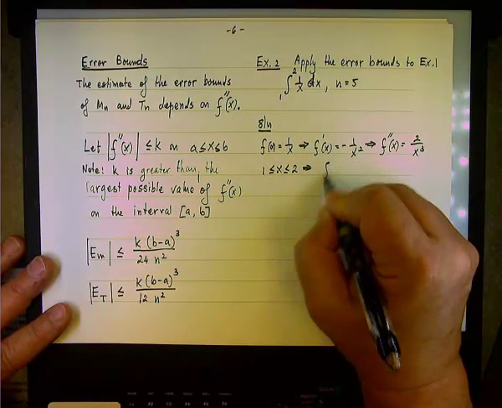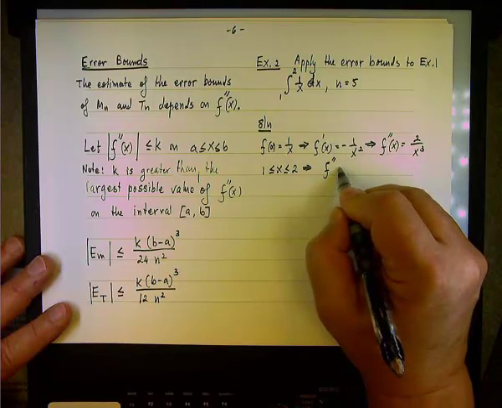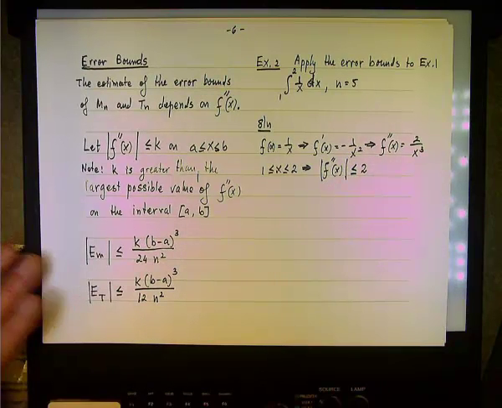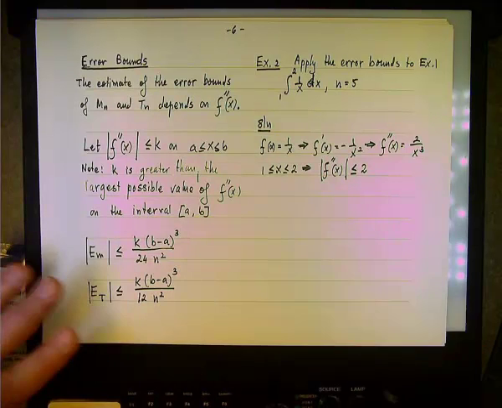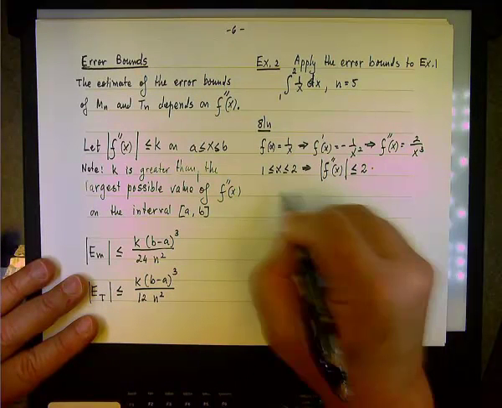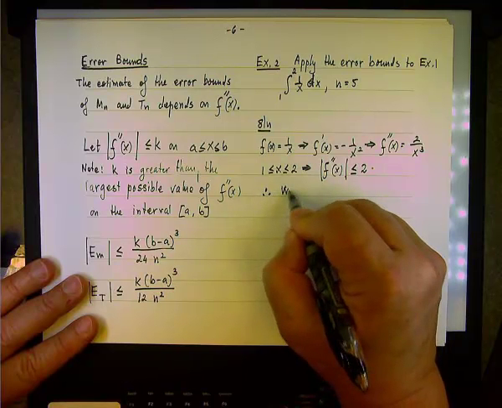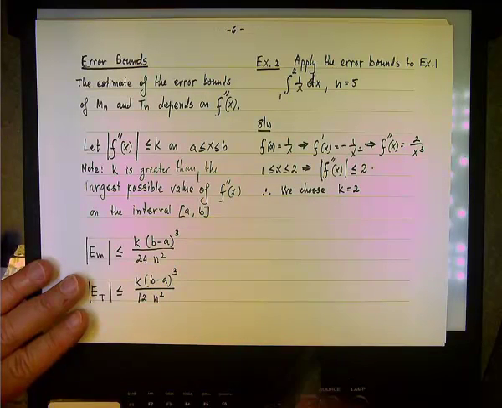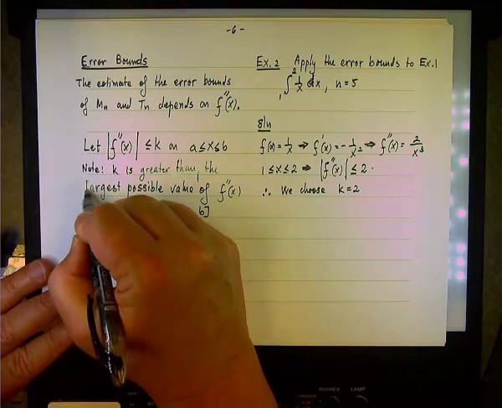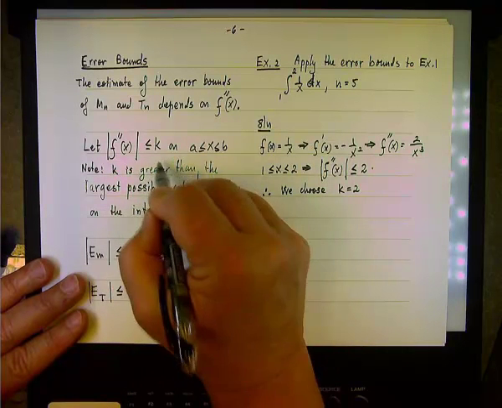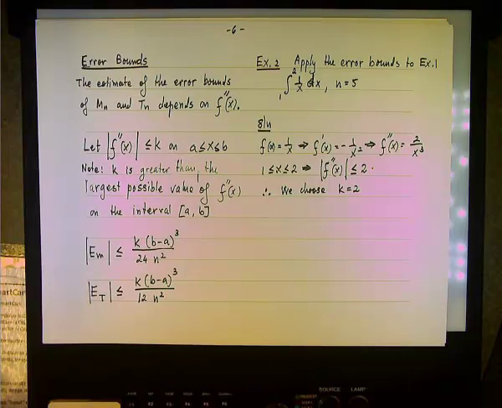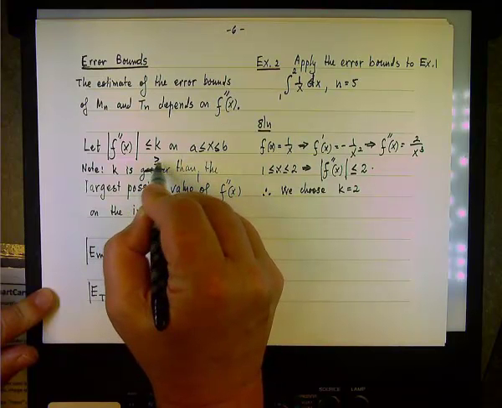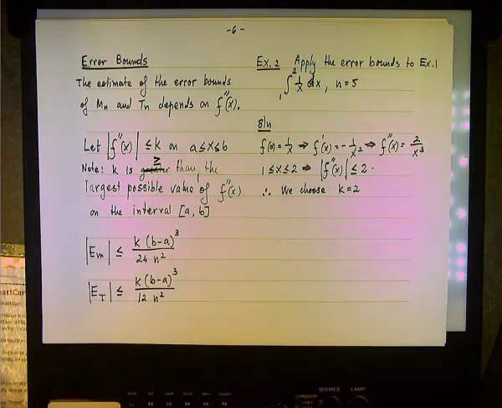So f double prime of x will be less than or equal to 2, that is 2 over 1 cubed. Therefore, we'll choose k equals 2, because k should be greater than or equal to the largest possible value of f double prime.